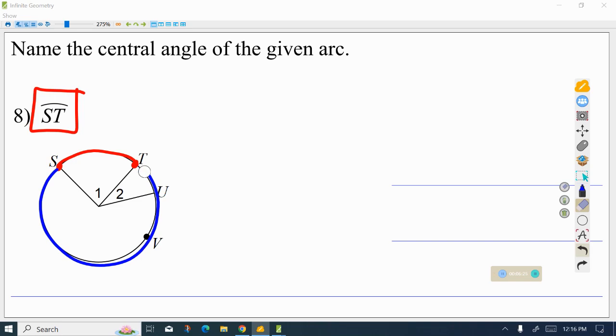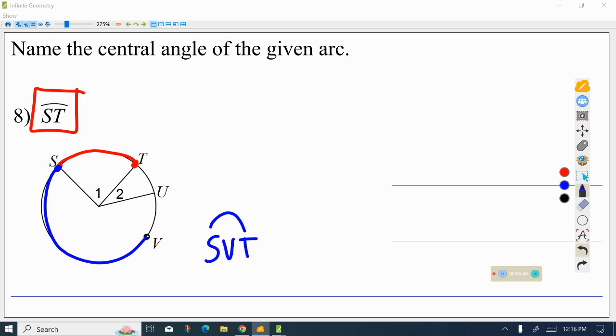If I did want to go the longer way, then we would name that with more points. I would have to add a 3rd one. So if I was to tell you, let's do the arc SVT, what would that mean? That would mean start at S, but before I go to T, go to V first and then go to T. You see the difference between those 2 arcs.